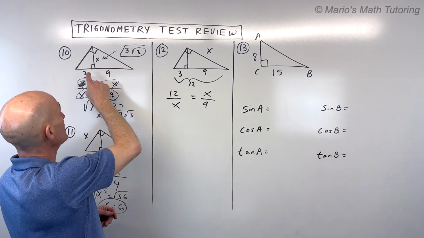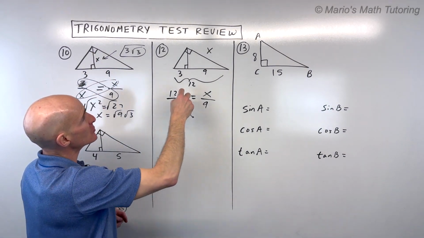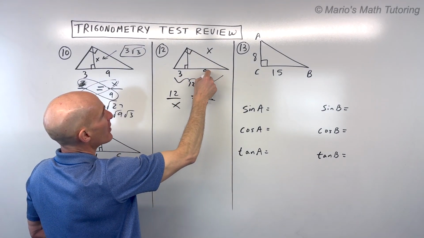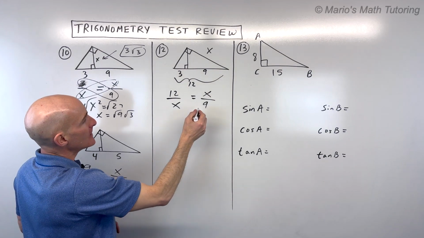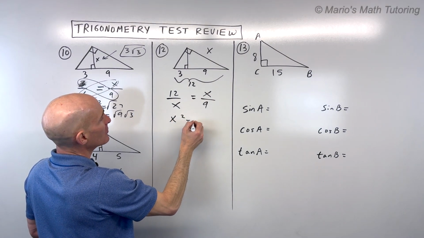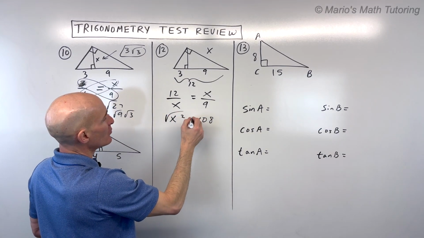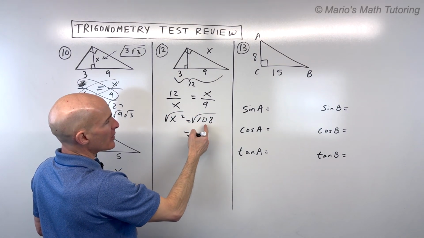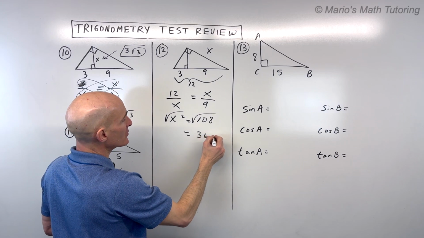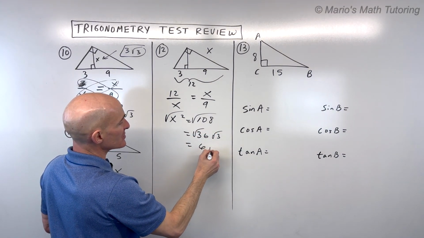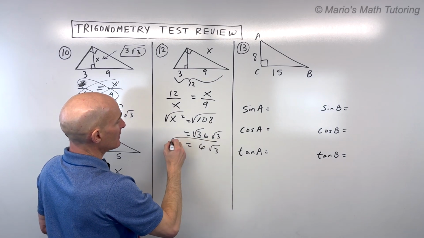The altitude is the geometric mean of the two parts of the hypotenuse that it splits it up into, but the leg is the geometric mean of the entire hypotenuse and the part of the hypotenuse that's closest to that leg. So now just cross multiplying, we get x squared equals 108. Take the square root of both sides. I know 108 is 36 times 3, and I know the square root of 36 is 6, so this would be 6 square root of 3.